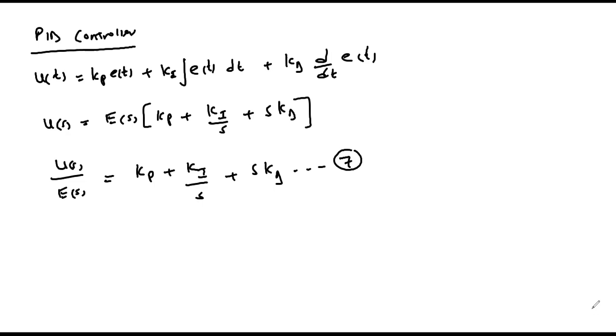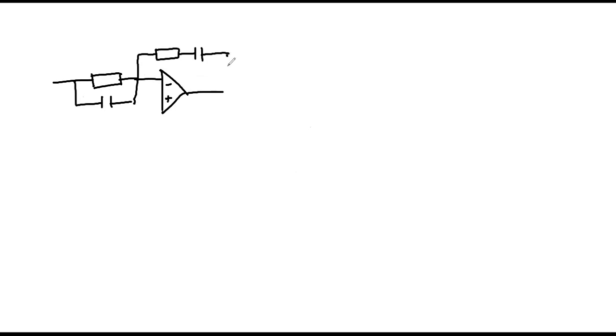The electronic implementation of the PID controller is achieved by combining the PI and PD as follows. On the forward path, we have a resistor capacitor parallel network. And on the feedback path, we have a resistor capacitor series network. Then the sign inverter part of the operational amplifier network.